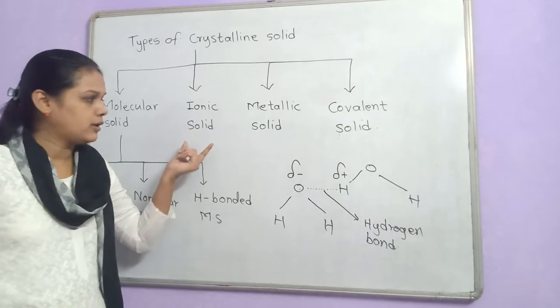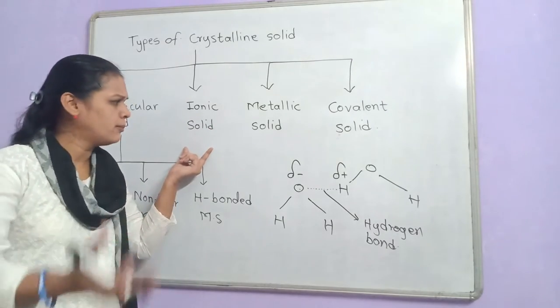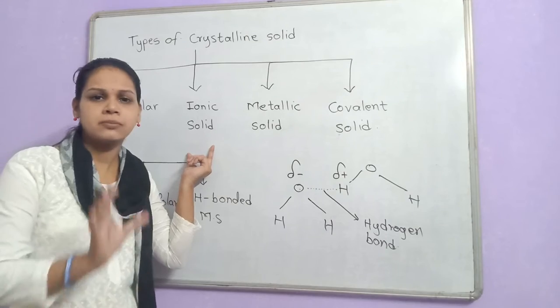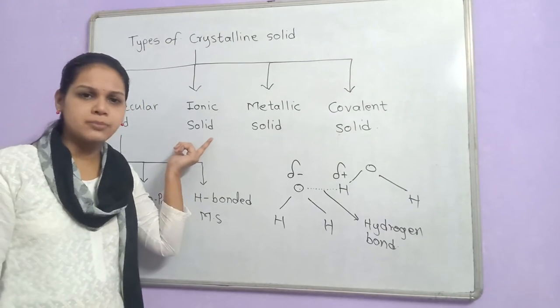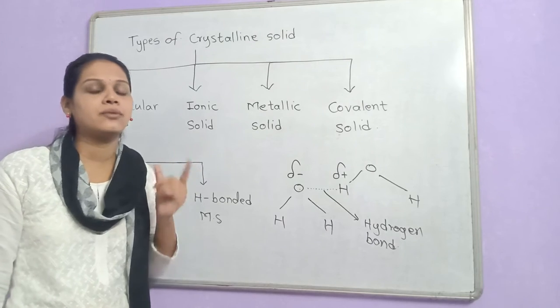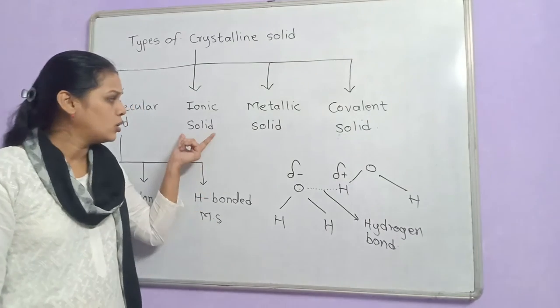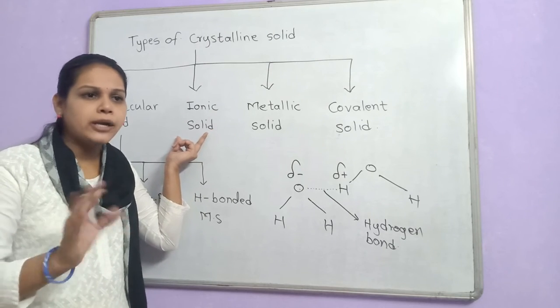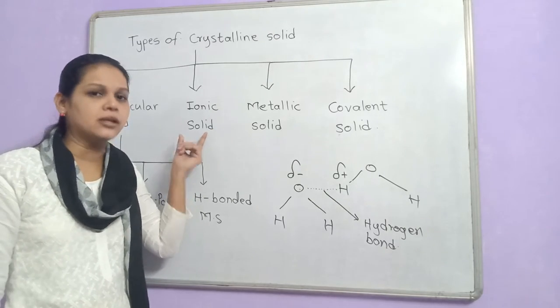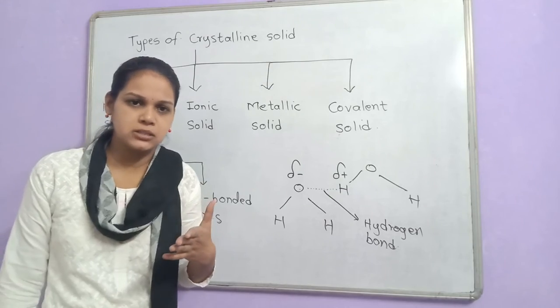In ionic solids, as I said, the melting point is very high because the force of attraction between ions, meaning cations and anions, is very high. Now in ionic solids, the bonding between cation and anion depends on three factors.